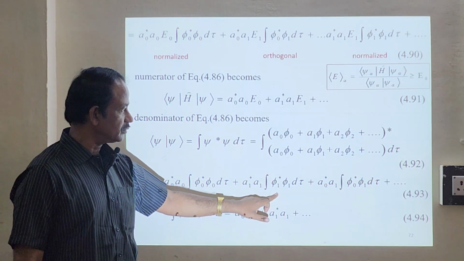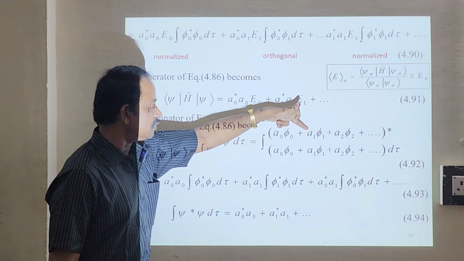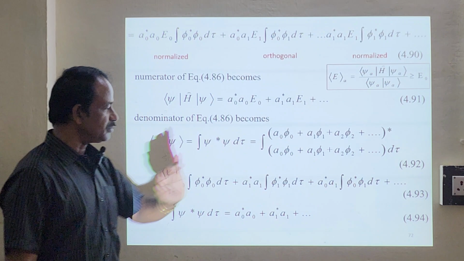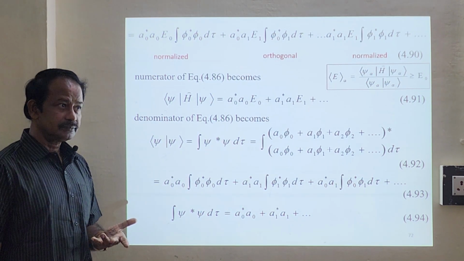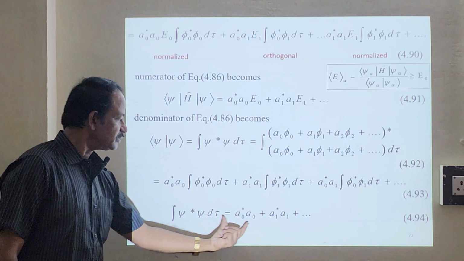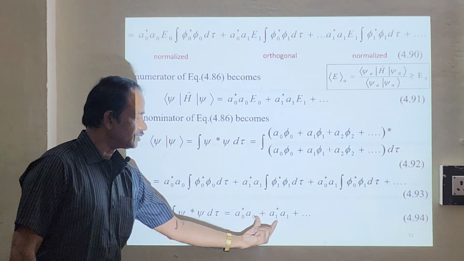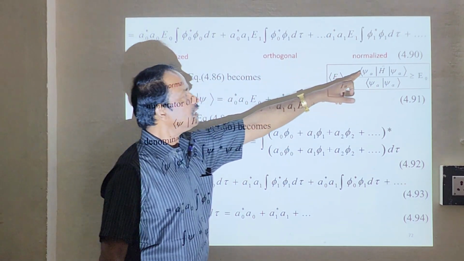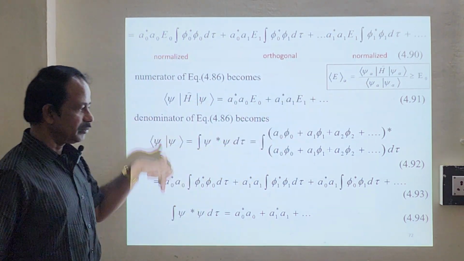This will be your second one, correct? So you have a1 star, a1, phi 1 star, phi 1. The other terms will become 0 by the orthogonal property. So this term can be written as a naught star a naught plus a1 star a1, and it goes on. So we have obtained the expression for the numerator and denominator.